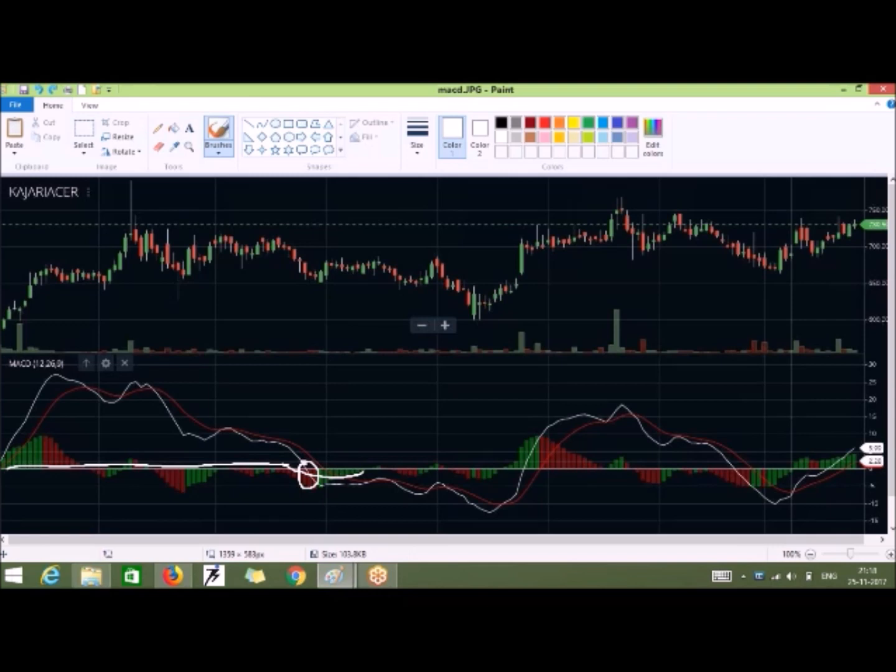It kept trading in the market for a few days, but again it came down, so it was not that effective. But again you can see here, at this point it was a crossover from above and it came down. So that's all for MACD.